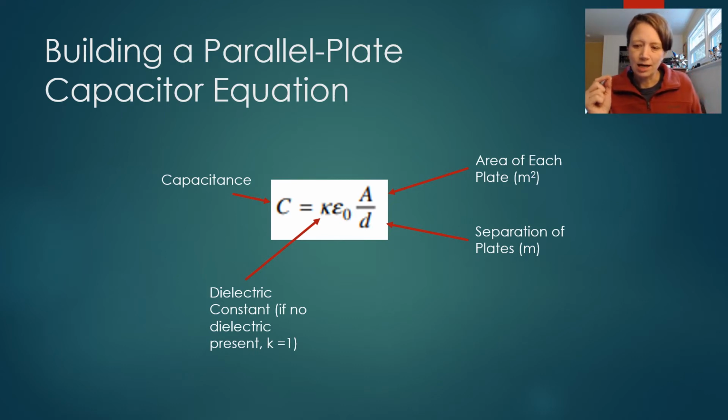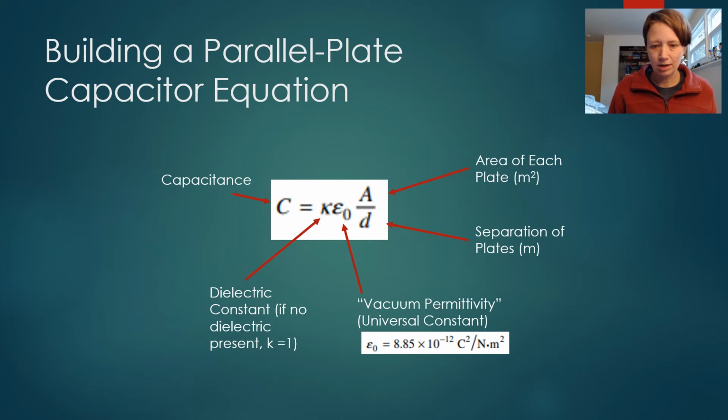Incidentally, as a side note, if there is no dielectric, so you just have a vacuum or air, we assume k is equal to 1, which means that other dielectric insulators have ks that are bigger than 1, depending on their material properties. And then the last thing in there is the vacuum permittivity.